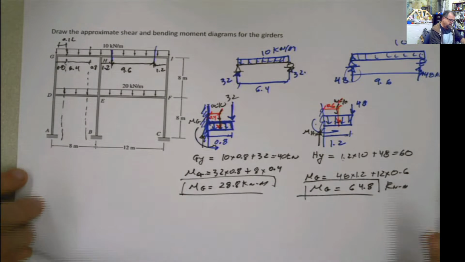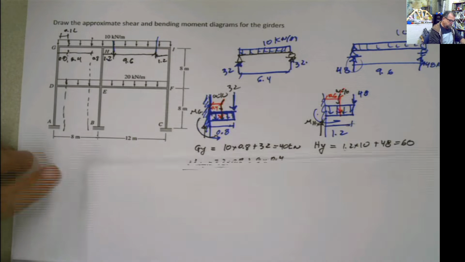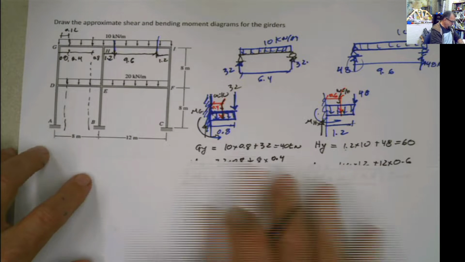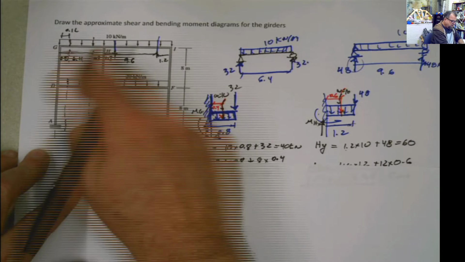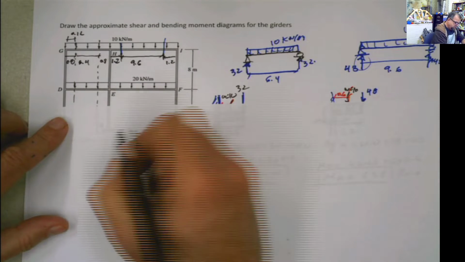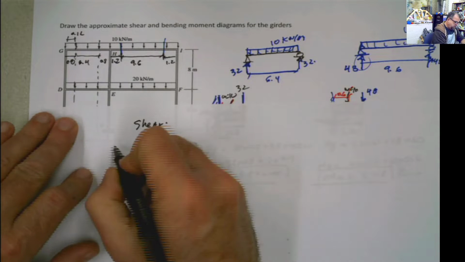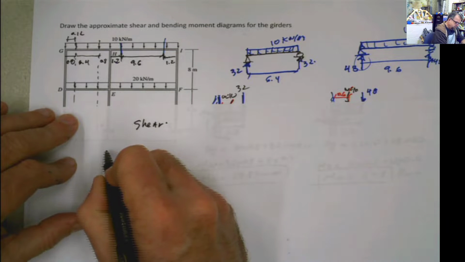How do we build the diagrams? Okay, let's start with the diagram for shear in this part, shear in GH, the shear diagram. I'm going to put GH here.